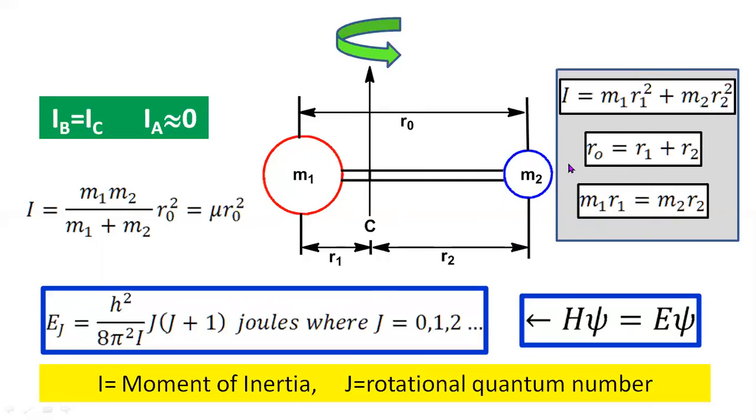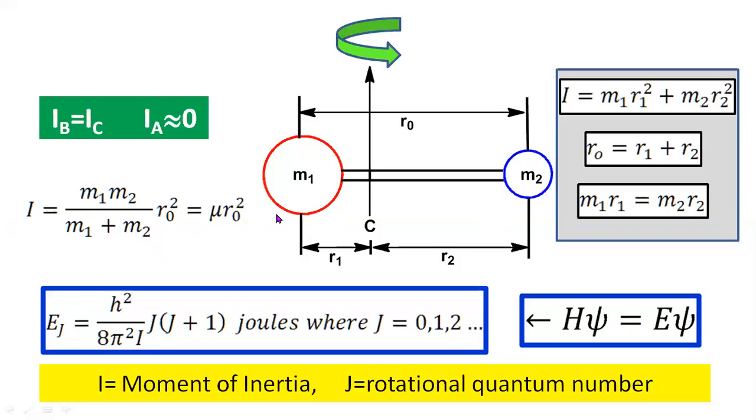After doing some manipulation, you get finally this result: I equals m1 m2 divided by m1 plus m2, times R0 squared, and this m1 m2 divided by m1 plus m2 is known as the reduced mass, represented by mu.